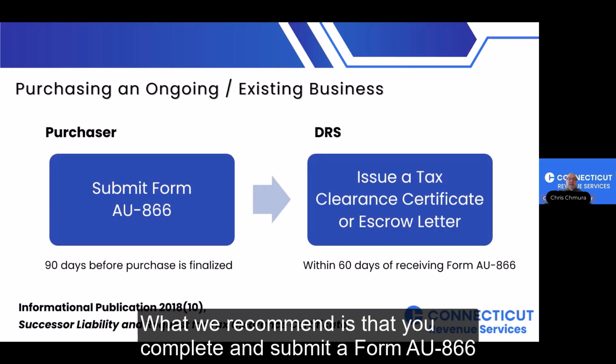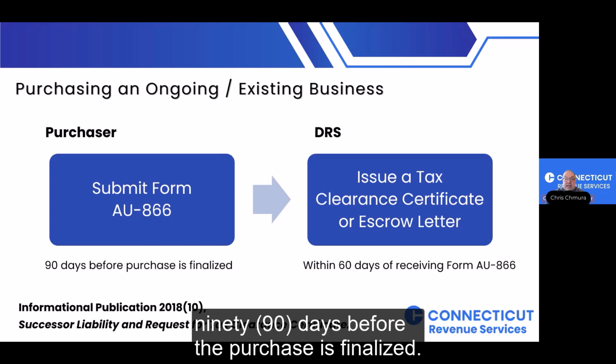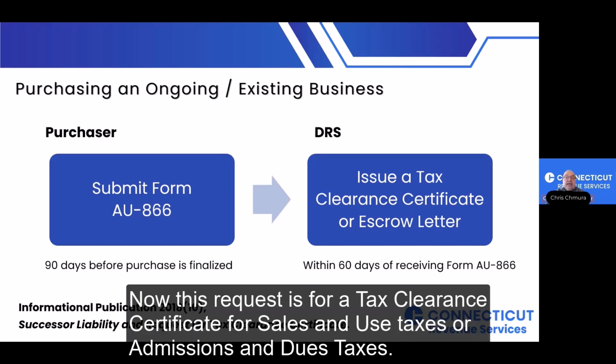What we recommend is that you complete and submit a form AU 866 90 days before the purchase is finalized. Now, this requests a tax clearance certificate for sales and use taxes or admissions and dues taxes.